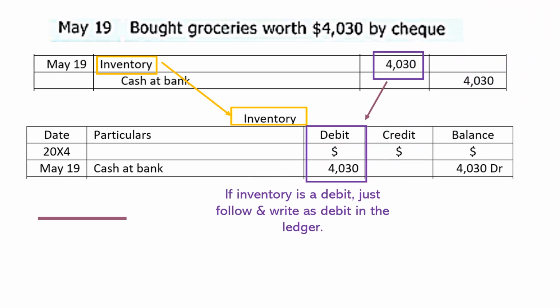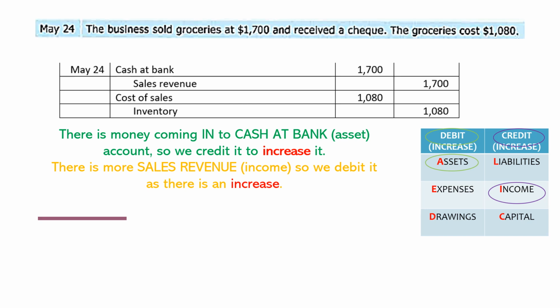Now for inventory, it was a debit balance. So we are going to brainlessly again write, right under the debit column, the same amount. Now, why do we have more inventory? What was the reason? The reason is because we paid cash, or rather check. That's why our inventory increases. All right, and it is going to be a debit balance.